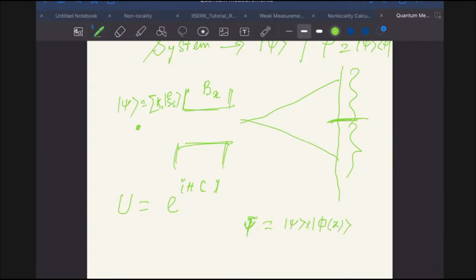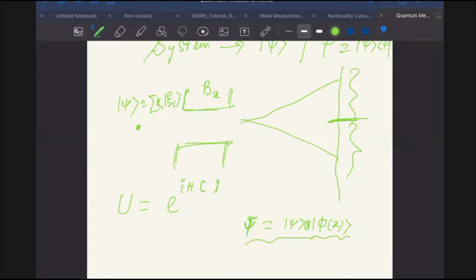So this is just a tensor product: the overall wave function of the electron consists of two things, one for the spin and the other for the position. Which position is it? This is the state of the center of mass of the electron, in the position degree of freedom. Okay, so this is now my overall state.